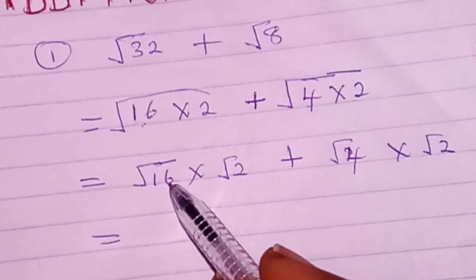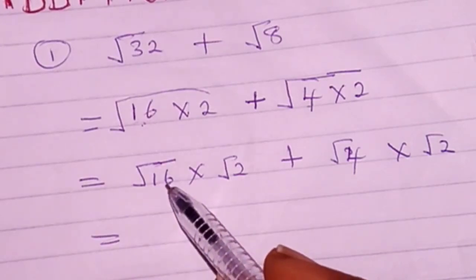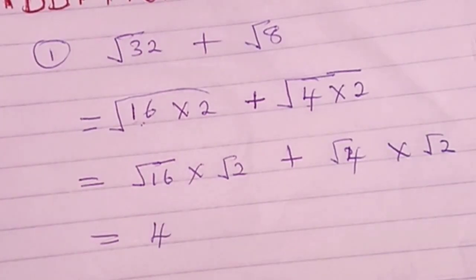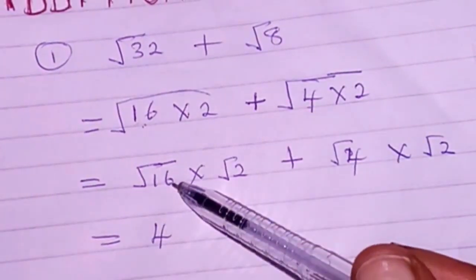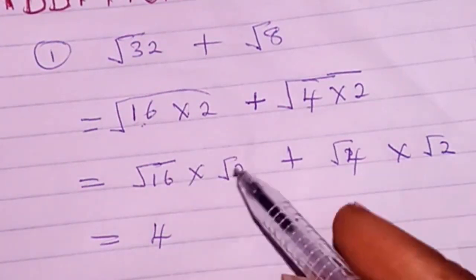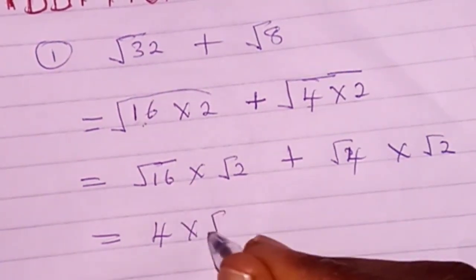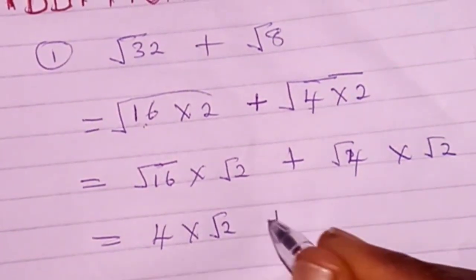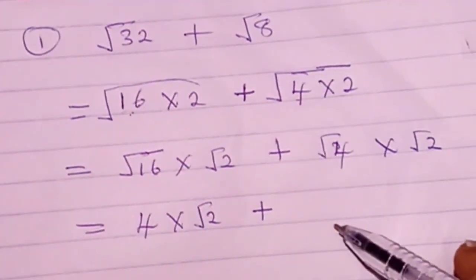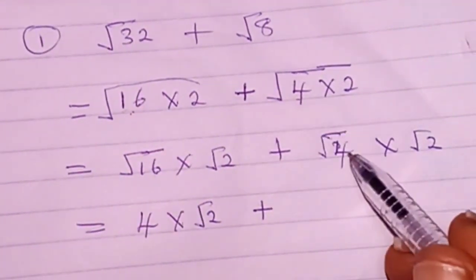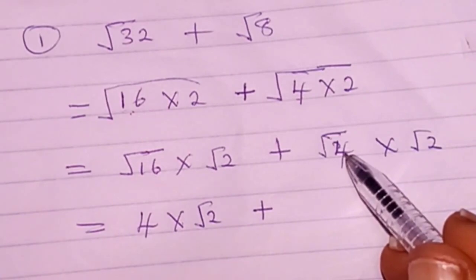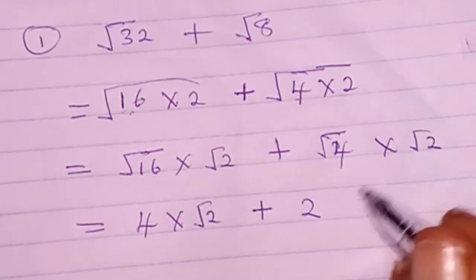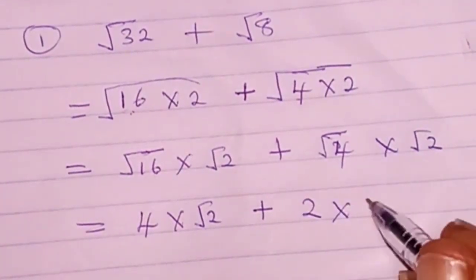Now, what's root 16 giving us? Root 16, of course, is going to give us 4. Why? Because 4 times 4 is going to give us 16. Multiplied by root 2. Alright? Plus, bring down my addition sign. What's root 4? Of course, the square root of 4 is 2 times root 2.